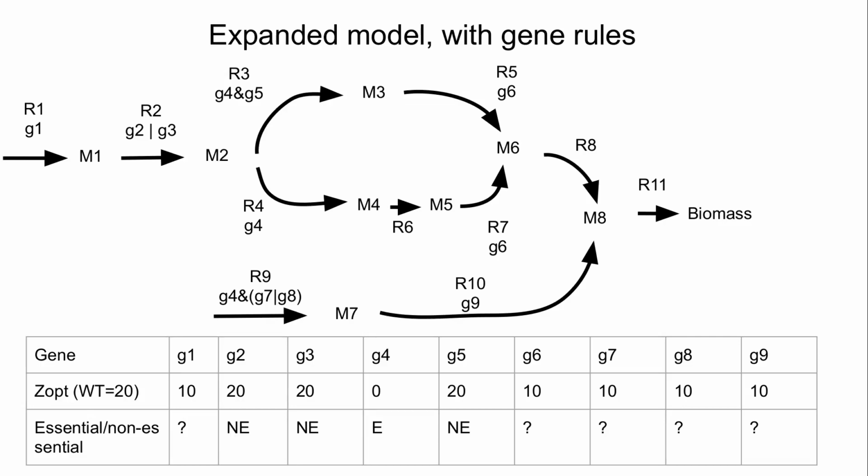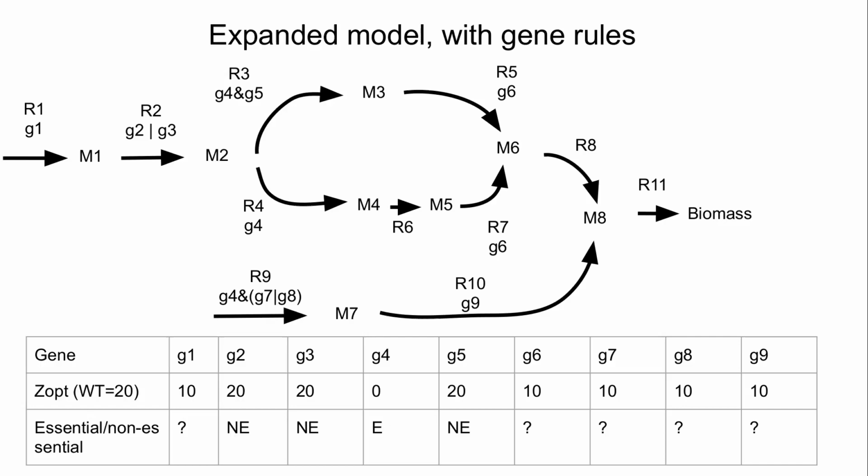As long as G4 and G8, for instance, are available, R9 can flow. And since G7 is not present in any of the other reactions, the single gene mutant G7 will not have any different capabilities in terms of reactions, and so will grow at an optimal rate, as will G8. So in this row here, the values for Z optimum should actually be 20.